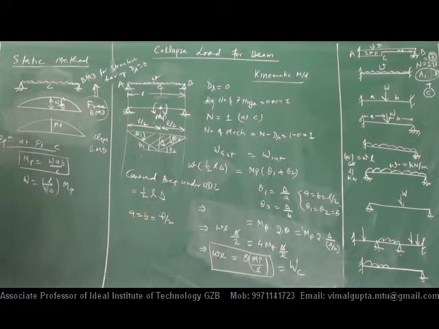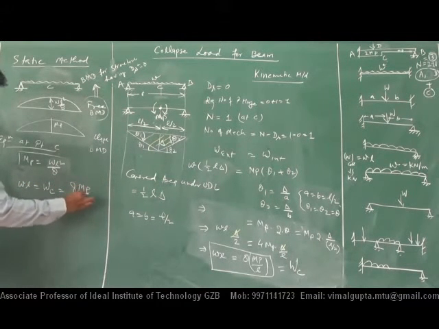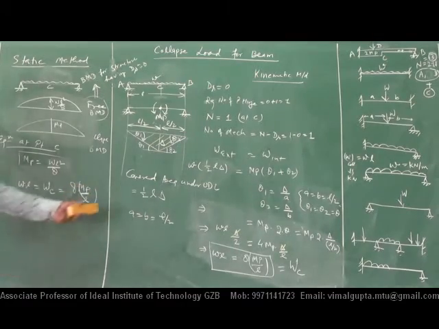So MP equals WL square by, so the value of WL equals WC, and we get the same result.